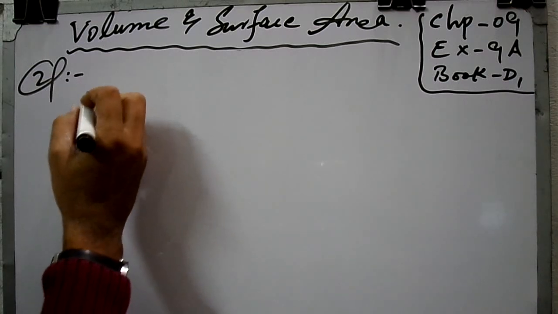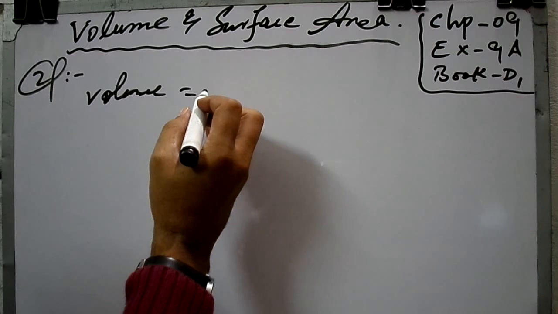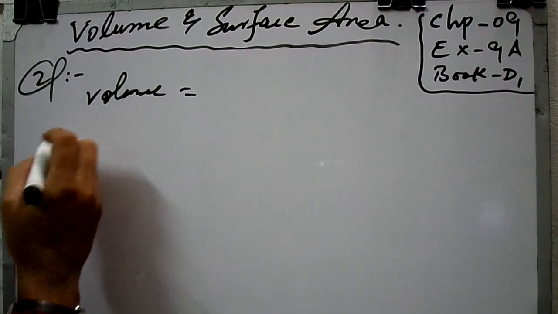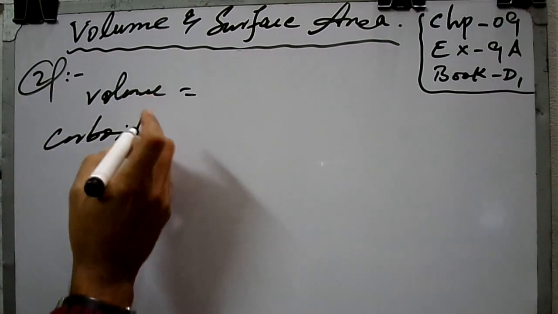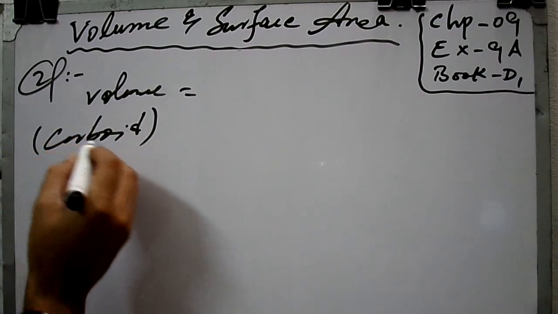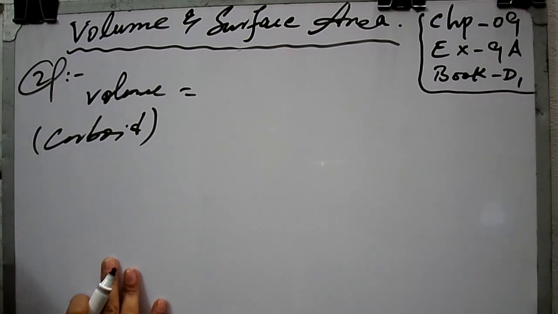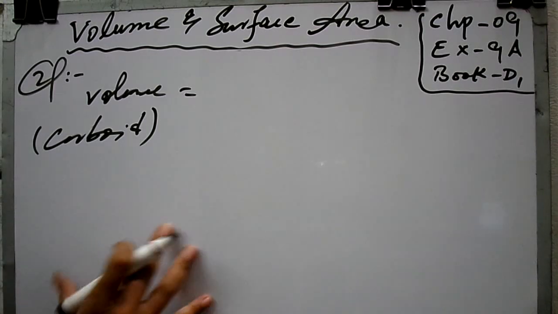If you see the table, the volume is that of a cuboid, because these two formulas which I have written here are for a cuboid, because the cube has different formulas.